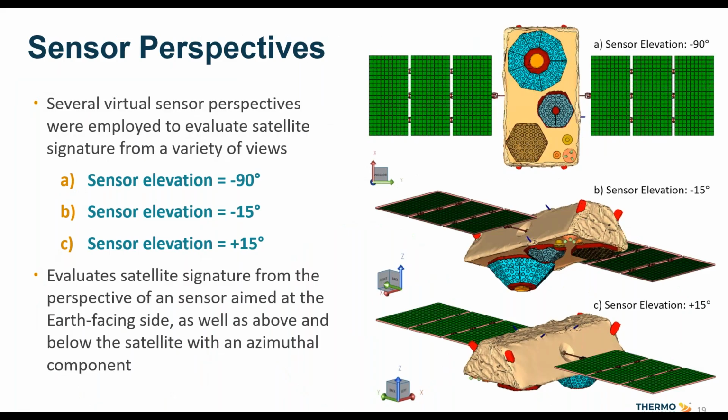And we're going to do that with the help of 3 different virtual sensor perspectives that are going to be used to evaluate the signature of the satellite from these different views to kind of have a more holistic approach.